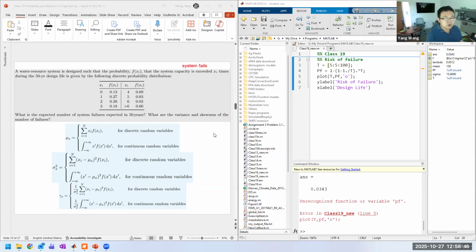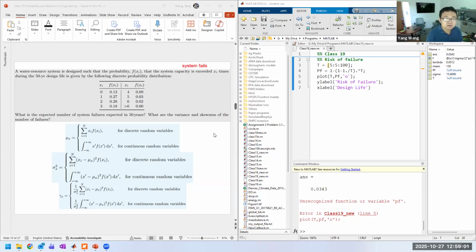If you read this problem, basically a water resource system is designed such that the probability F(xi) that the system capacity is exceeded x times during the 50-year design life is given by the following distribution.